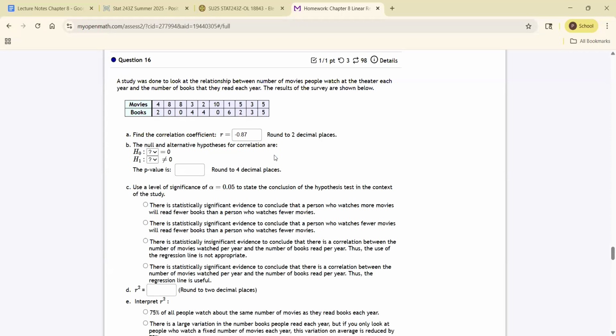Here's the first place where my previous lecture video didn't quite capture everything. I told you that the correlation coefficient is R. That's for a sample.